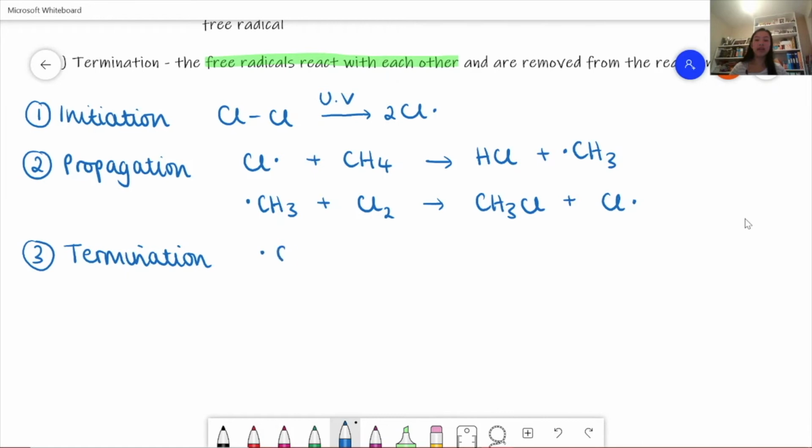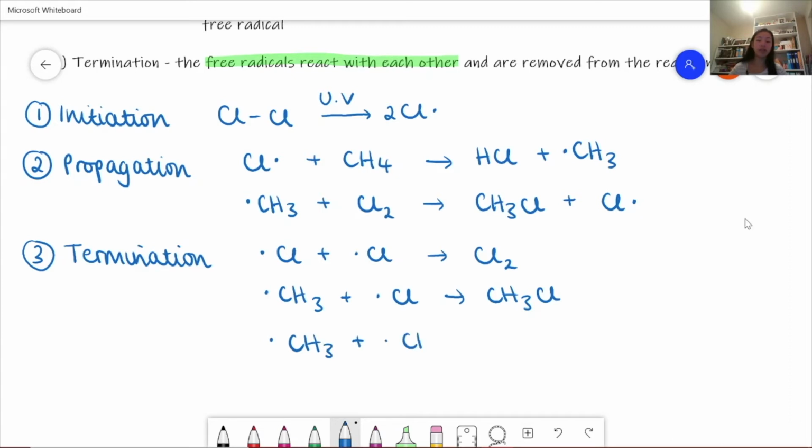So we can have 2 chlorine free radicals reacting to form chlorine, or we could have a CH3 free radical and a chlorine free radical reacting to form some more of this chloromethane, or we could also have 2 of these CH3 free radicals reacting to form CH3CH3. And so these are 3 steps for this reaction.